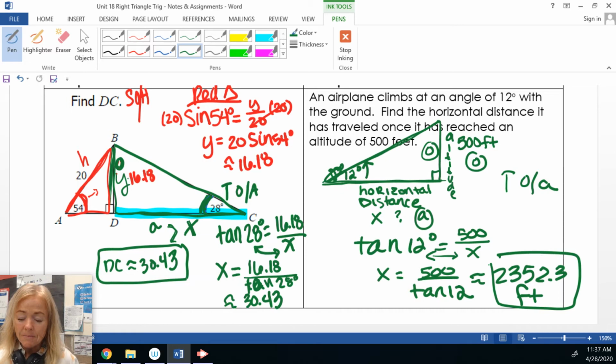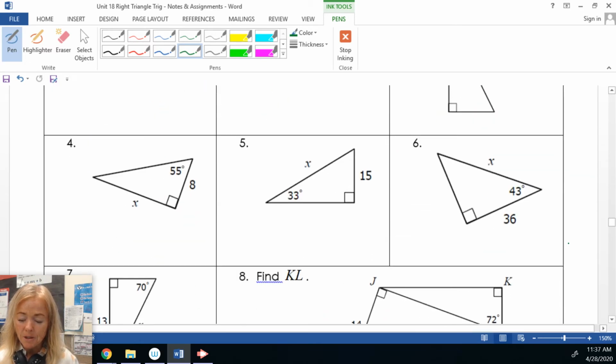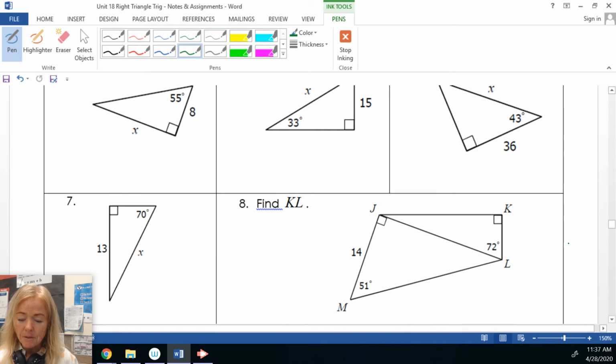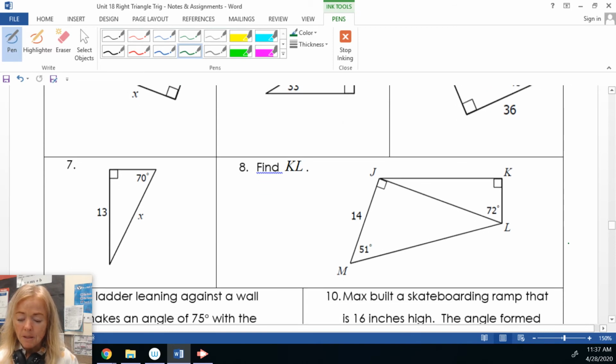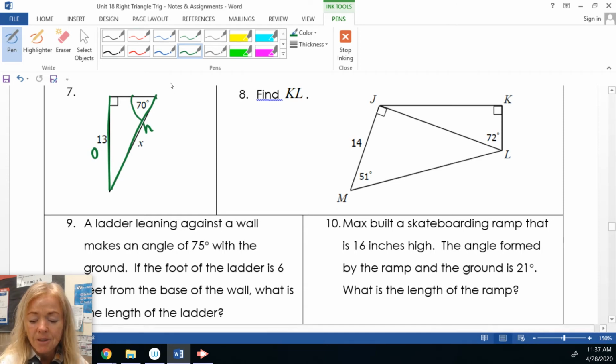All right, I kind of want to hit a couple on your homework just for fun, or at least give you a path for it. Let's look at number 7. Here we have an angle, 70 degrees, and we have this side, which is opposite, so we label it opposite, and we have this, which is the hypotenuse. OH is sine.